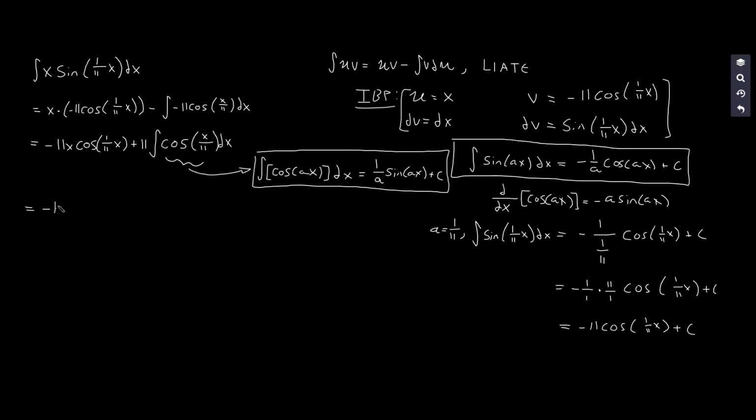And so we'll just keep it rolling. Negative 11 times x times cosine of 1 over 11 x plus 11. And then to follow this formula, a is 1 over 11 in this case. So it's literally going to be another complex fraction where you have 1 over 1 over 11 times sine of 1 over 11 times x.